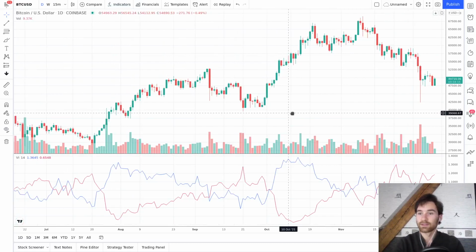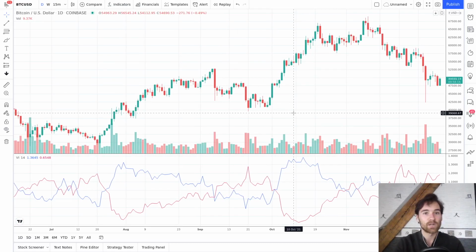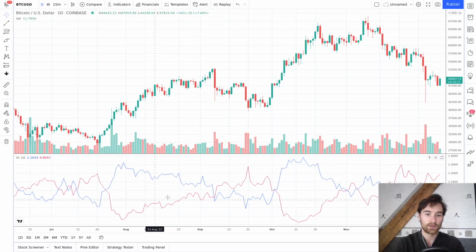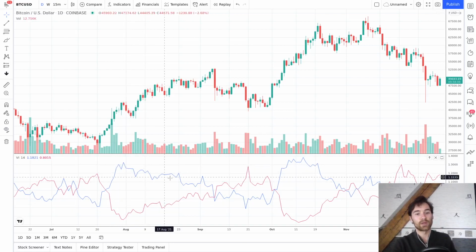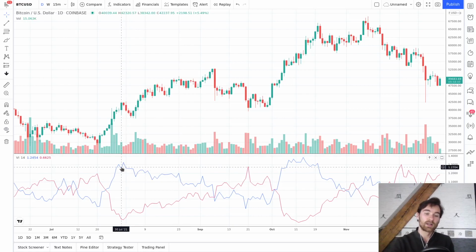So what is it? The Vortex indicator is built with two lines, a blue and a red line. The blue line is called VI plus and represents the positive trend. The red line is called VI minus and represents the negative trend. So it's very easy.